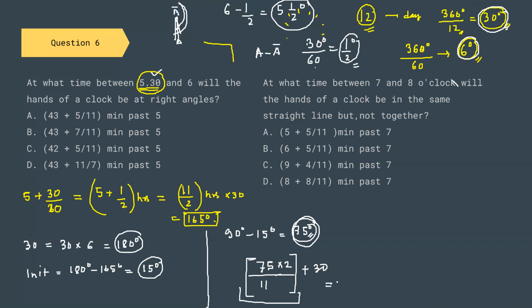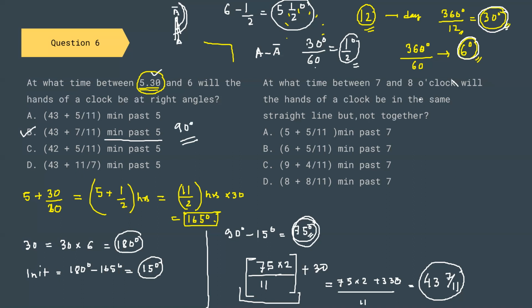So this gives us 75 into 2 plus 330 divided by 11, and this gives us 43 and 7 by 11. So at 43 and 7 by 11 minutes past 5, that is option B, the hour hand and the minute hand will be exactly at 90 degrees.